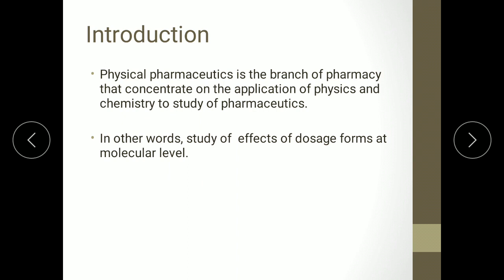All these physiochemical parameters we have to see under physical pharmaceutics, how they affect the dosage forms, or what their effects are on the dosage forms at the molecular level.